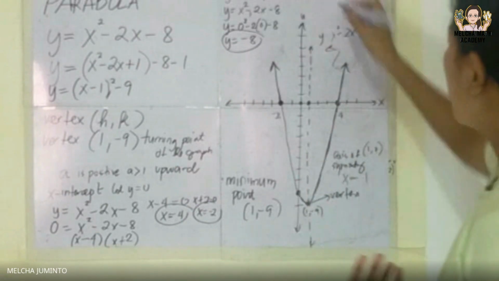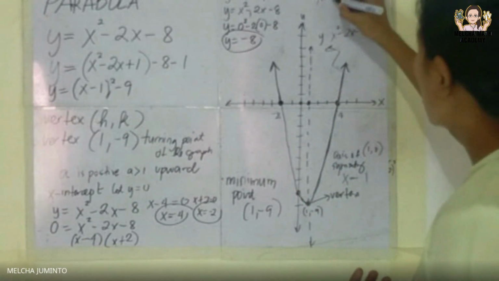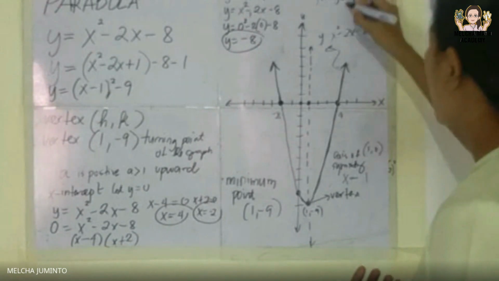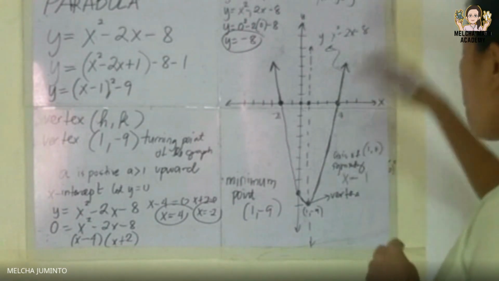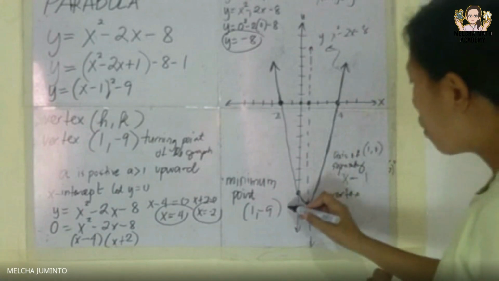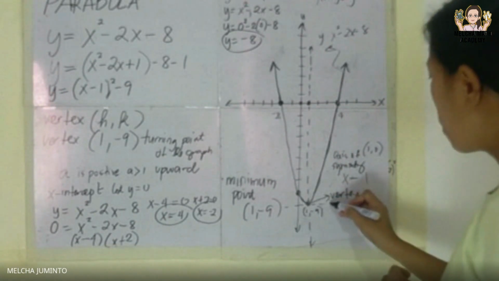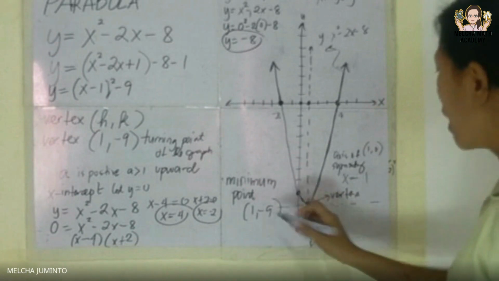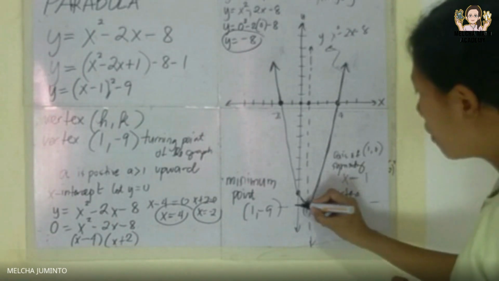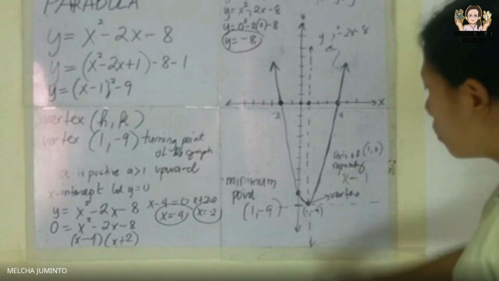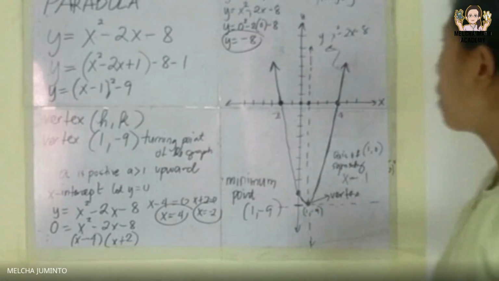If we talk about range, it depends on the value of y. The range is the value of y. Now, if the graph opens upward, the values of the range only go down to negative 9. Negative 9 is the last value for the range, and below that are not values for the range.